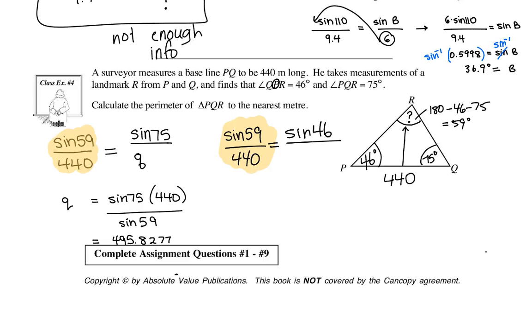And then you would find little p. Because 46 is at the vertex labeled P, going across from that would be little p. So again, this is little q, this is little r, this is little p.